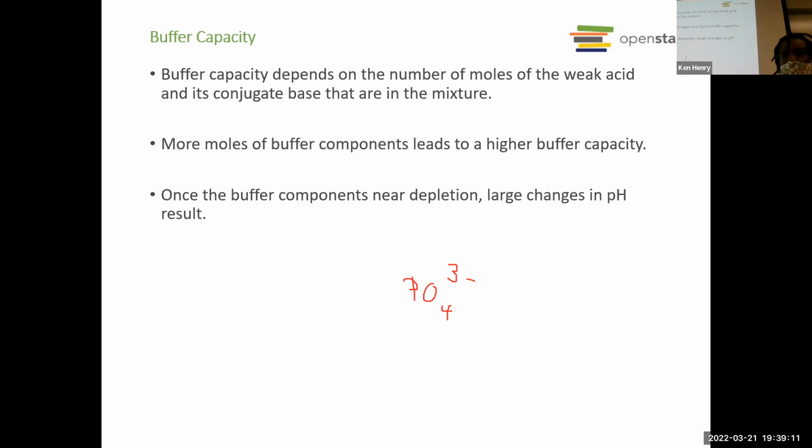So when we talk about buffering capacity, that's going to depend on the number of moles of the weak acid and its conjugate base, depending on how much you actually have to buffer it. So the more moles you have, the higher the buffering capacity. If I have a lot of phosphate in there, that gives me a large range.